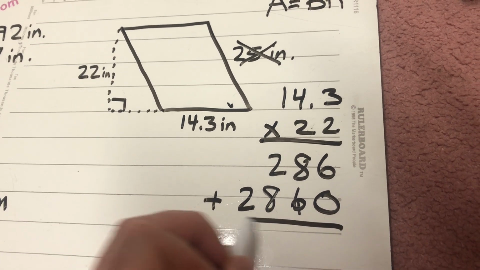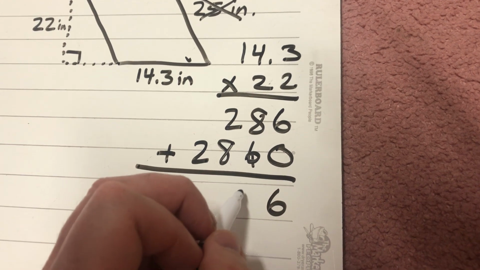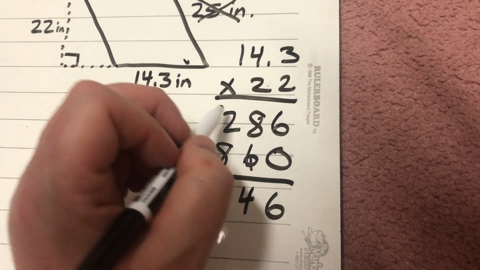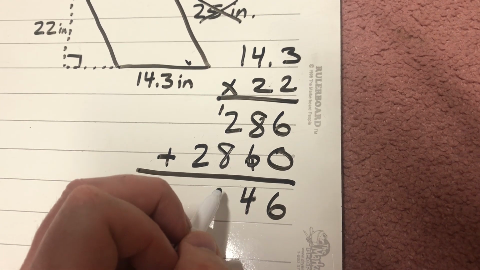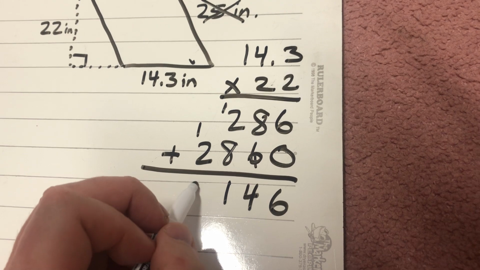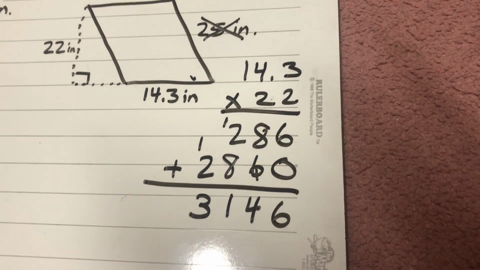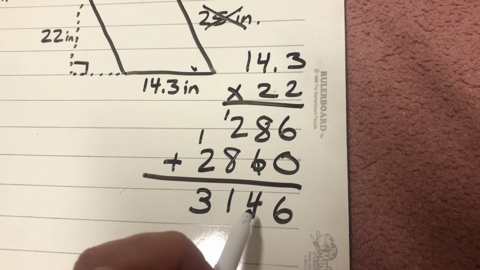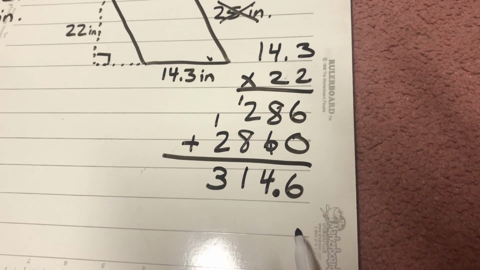When I add these together, 6 plus 0 is 6. 8 plus 6 is 14. Put the 4 down, carry the 1. 1 plus 2 is 3. Plus 8 is 11. Put the 1 down, carry the 1. 1 plus 2 is 3. There is one digit that comes after the decimal in my problem, so I need one digit that comes after the decimal in my answer.